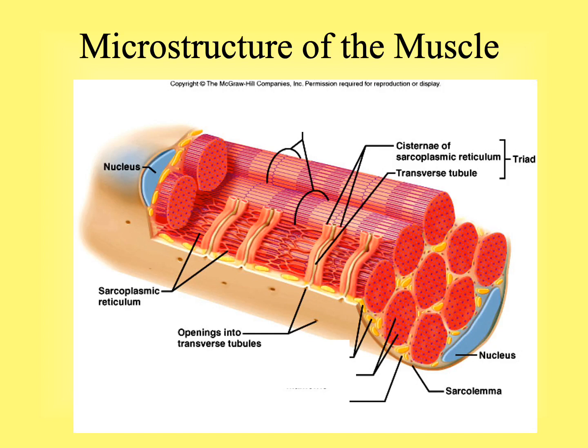The cisternae of the sarcoplasmic reticulum is an area where we have sequestered calcium ions that are held there via voltage-gated calcium channels. They run contiguous with the sarcoplasmic reticulum, where when the voltage-gated channels open, calcium is effluxed into the sarcoplasmic reticulum, which will then diffuse into the cell itself, where it will meet up with the sarcoplasm.